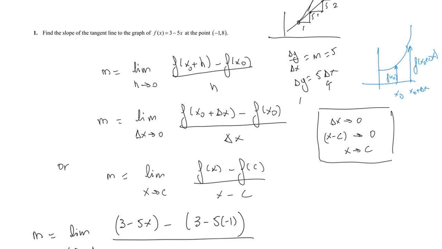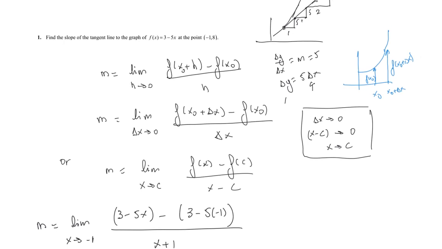So what you are doing is f of x0 plus delta x minus f of x0, which is the rise divided by the run.